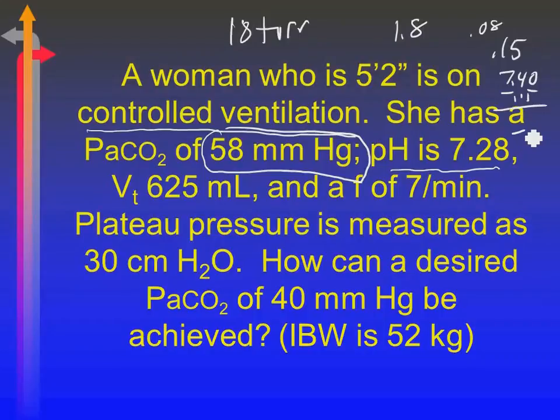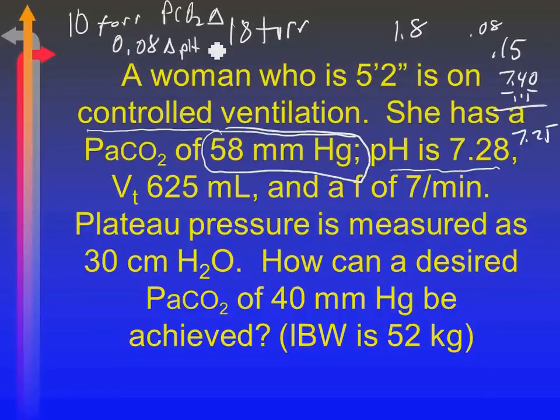I'm close enough. If you didn't follow where I got that from, it goes back to that table we had the very first day, where for every 10 torr change in PCO2, there's a 0.08 change in pH. So pretty much all of the problem with the pH being dropped is due to the CO2. What else?